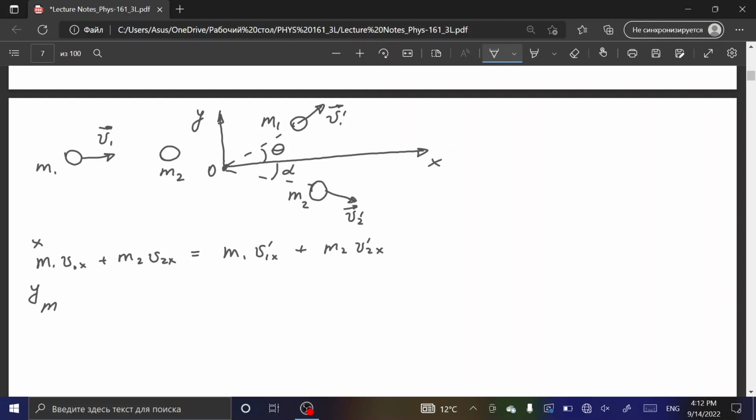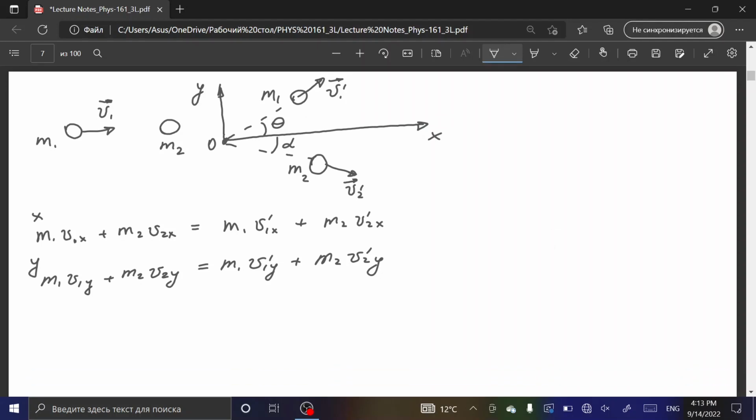So it will be m1 v1y plus m2 v2y, and that is equal to m1 times v1y prime plus m2 v2y prime. So that is the general case, and let us see what we have in this particular example.